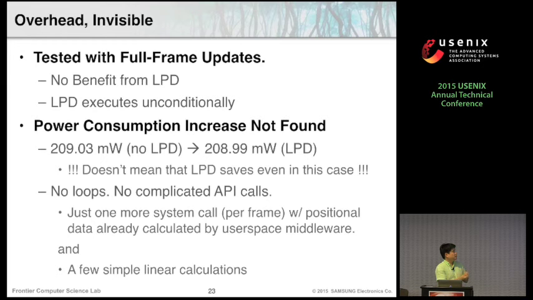However, when we measure the power consumption while there is no benefit, the power consumption has not increased, so there is no visible overhead in power. It is just because LPD does not introduce any heavy loops or any heavy API usages, so it is not counterintuitive.